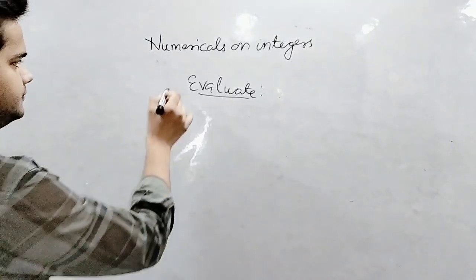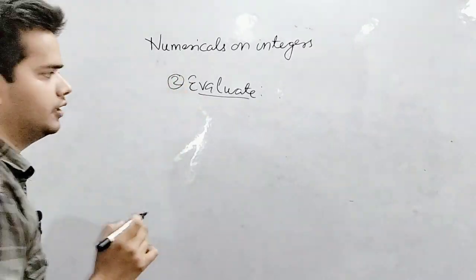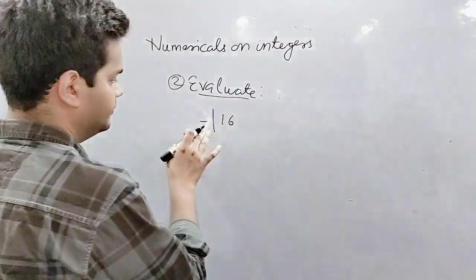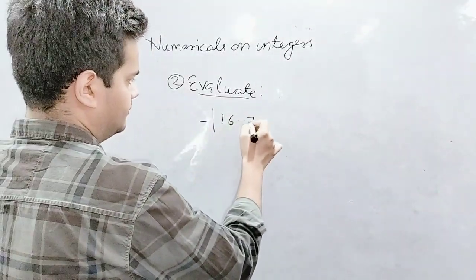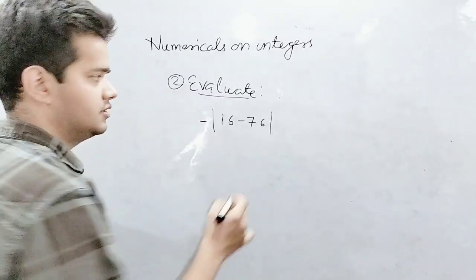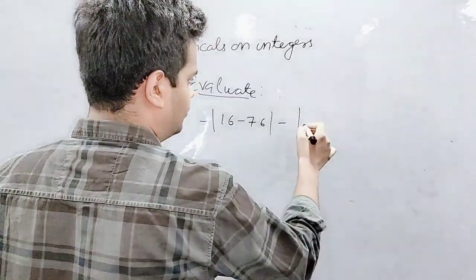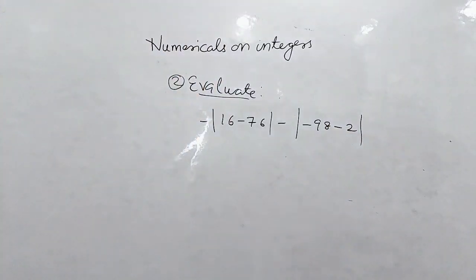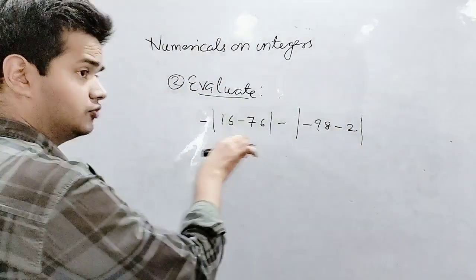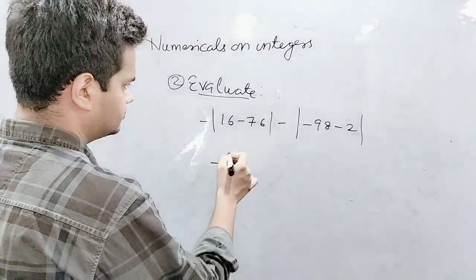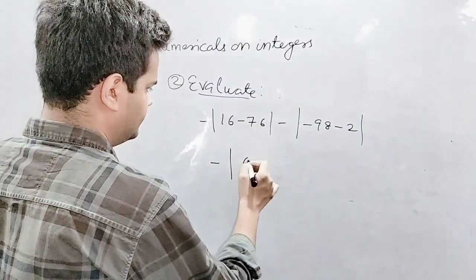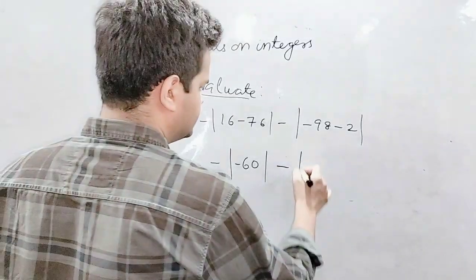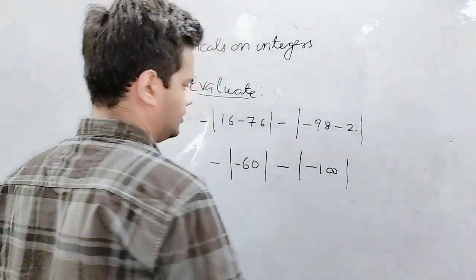Now question number 2 is, evaluate minus modulus of 16 minus 76, minus modulus of minus 98 minus 2. Okay, so this can be written as minus modulus of minus 60, minus modulus of minus 100.